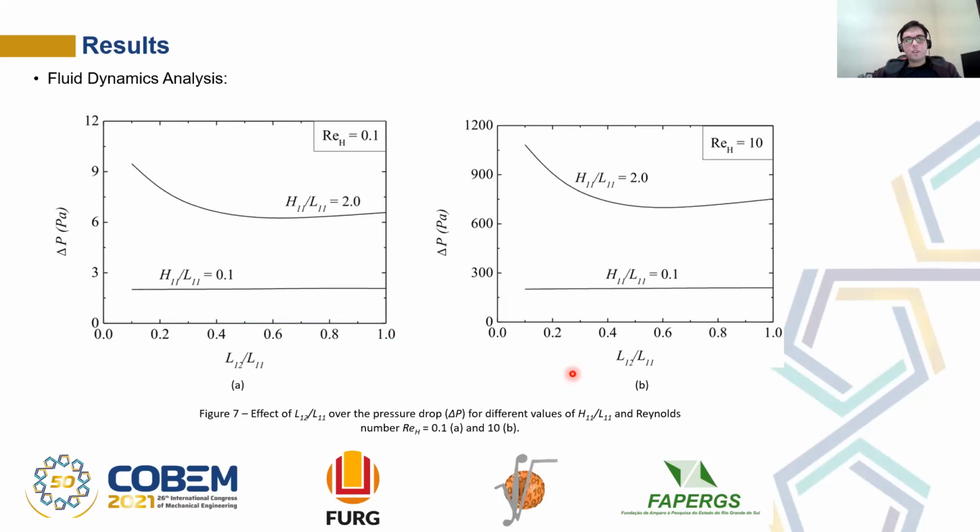Now the fluid dynamics analysis. We have the pressure drop again for Reynolds 0.1 and Reynolds 10. We can see now that we have a much more pronounced difference between the cases, and also a very similar trend for Reynolds 0.1 and Reynolds 10.